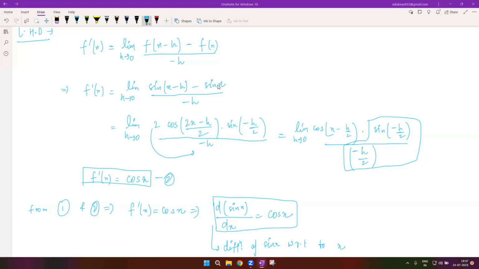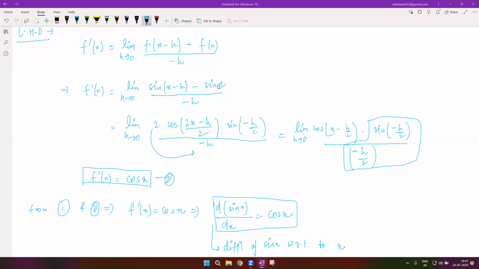So if they ask you whether a given function is differentiable or check the differentiability, they can also use this sentence: check the differentiability of y is equal to something at something. They'll give you a function and a point and then they will ask you to check the differentiability.